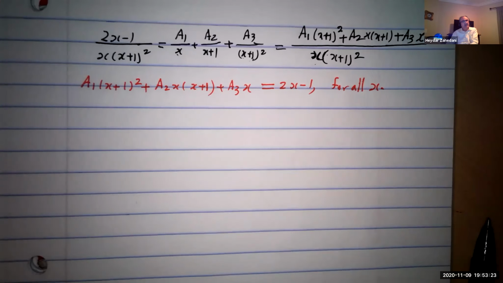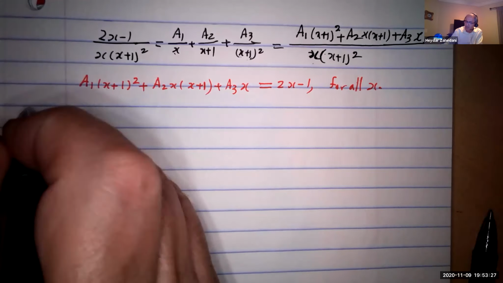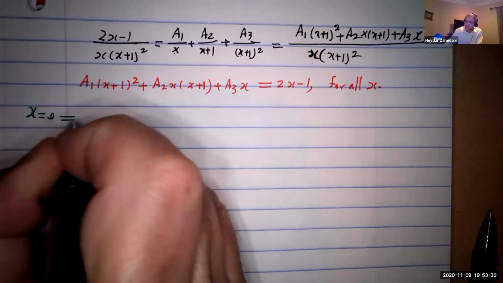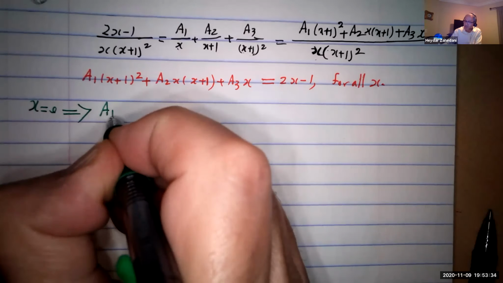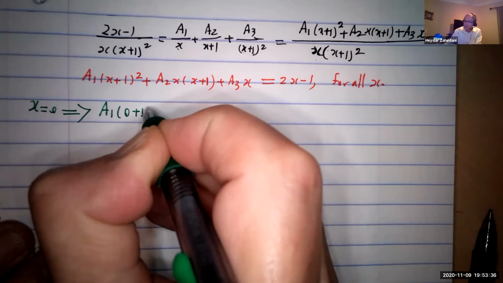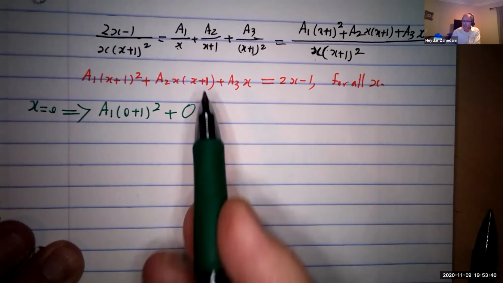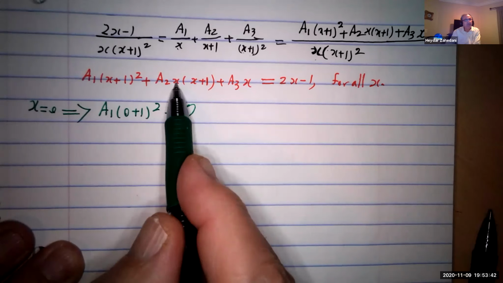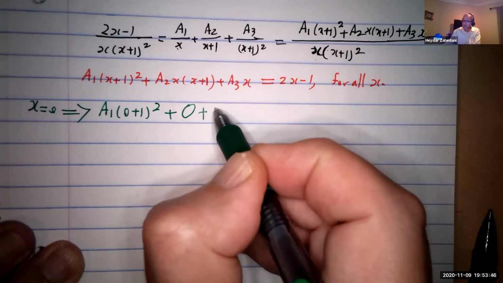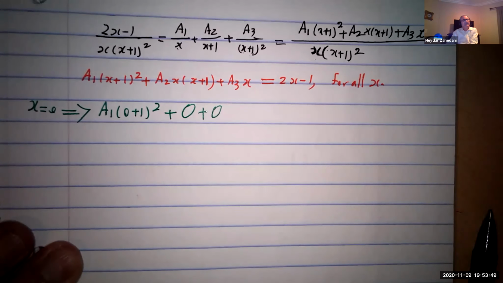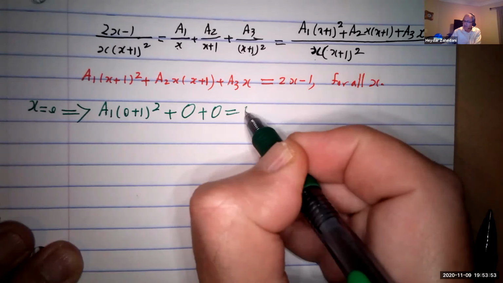So what I'm going to do is check the numbers that we have. I check x equal to 0 first. Put x equal to 0 over here, so I get a1 times 0 plus 1 all squared. You see, this would be 0 because of the x. That would be 0, you don't have to write it down, and that would be 0 too. On the other side, because x equal to 0, you put it over here, so it's going to be 0 minus 1.